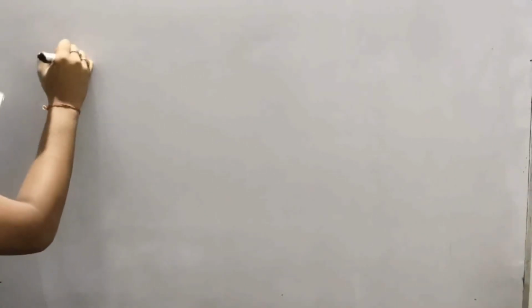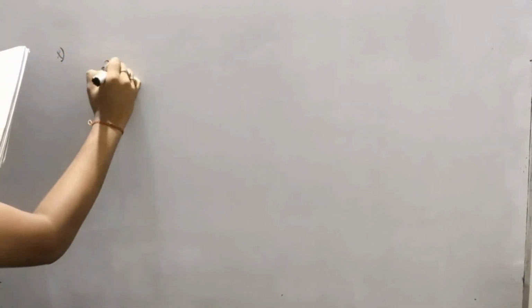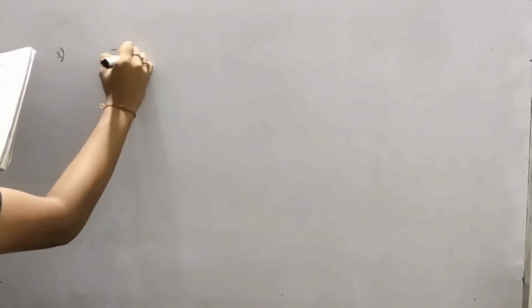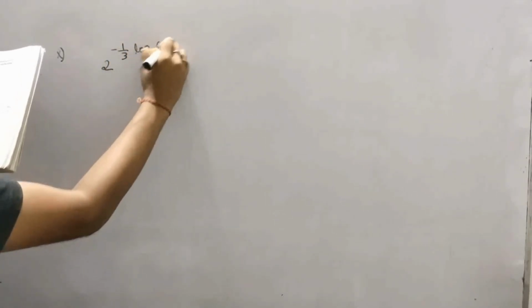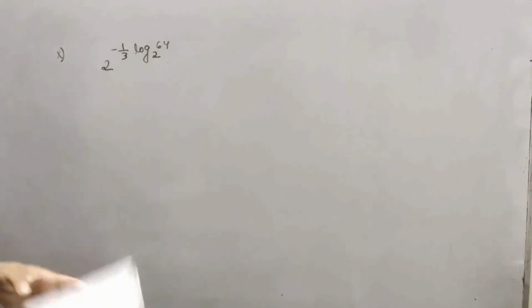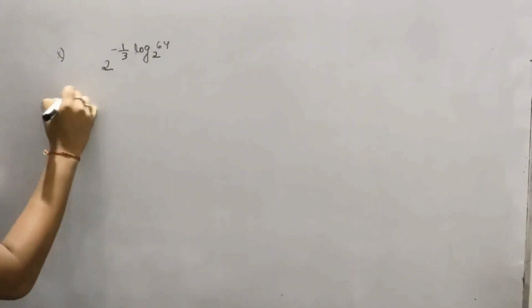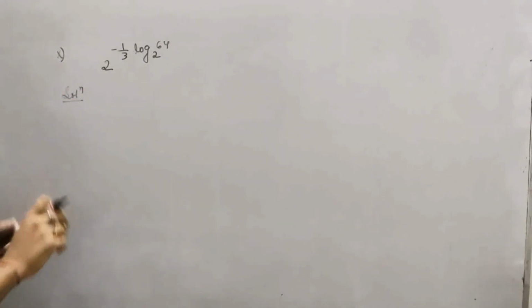Last question. Let us do the last question. Question number 10. That is 2 to the power minus 1 by 3 log 64 base 2. Okay, there is one new thing in this question.